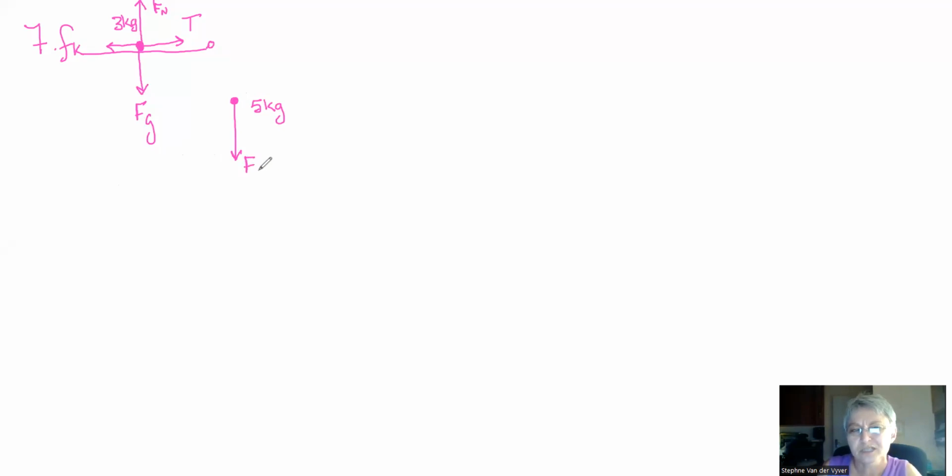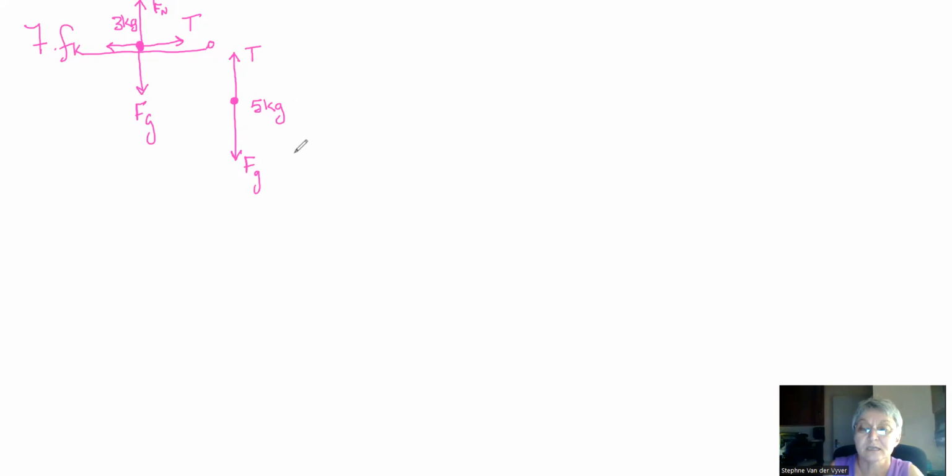But because the same string is joined to the 3 kilogram object, the tension that runs through that string is the same everywhere in the string. It's just now the tension is up the string from the 5 kilogram object.